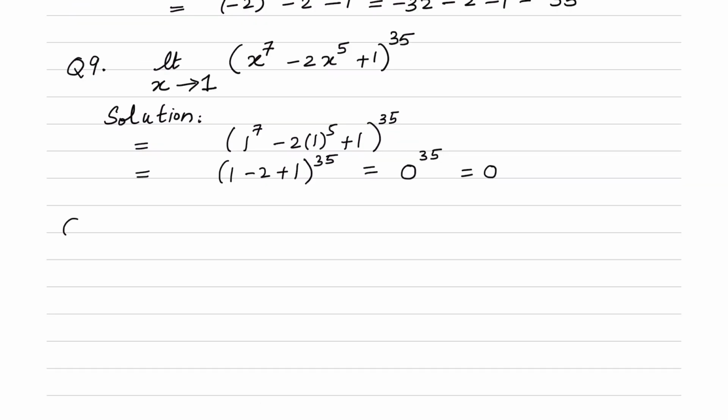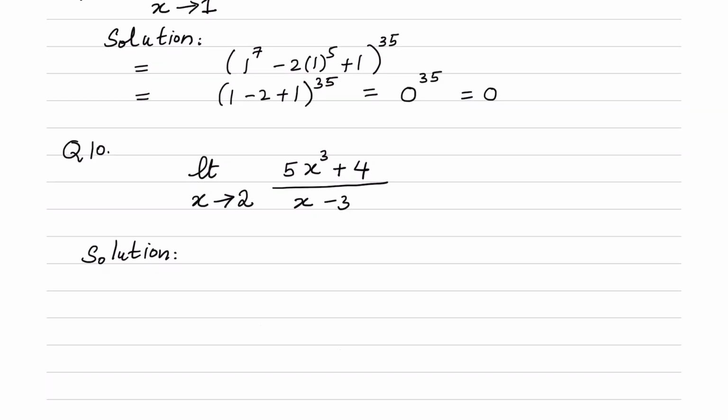Let's try another question. This time we are going to find the limit when x is approaching 2 for the function (5x cube plus 4) divided by (x minus 3). In this limit question, we will begin by plugging in the number 2.